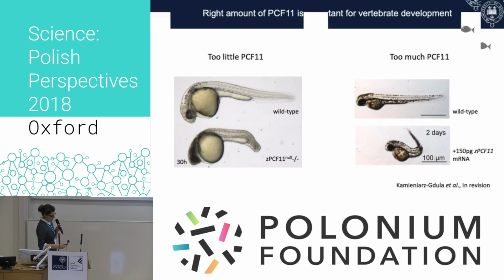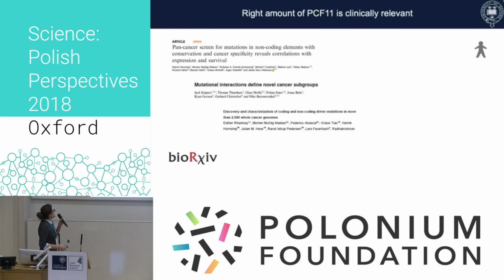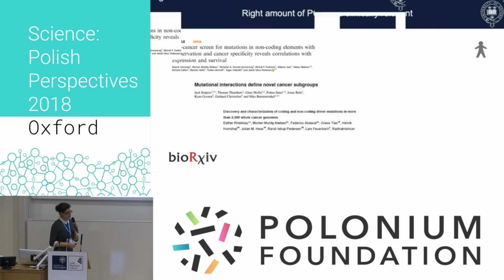But just in the last few months, 3 independent screens for driver mutations in cancer have found frequent mutations occurring in the promoter region of this gene. This is the region that can determine whether there's more or less transcription of the gene going on.